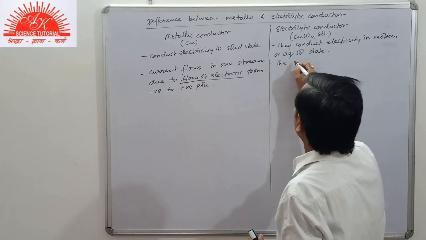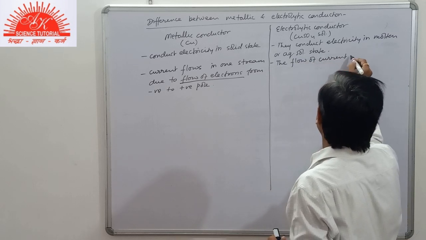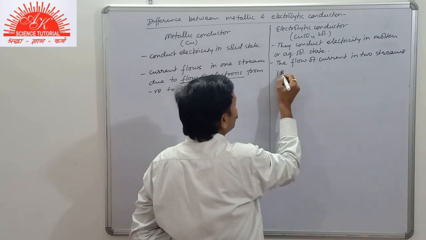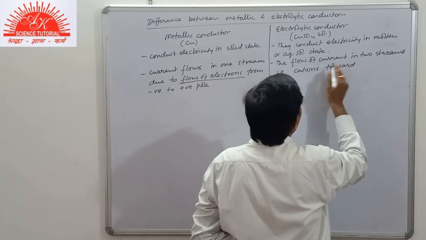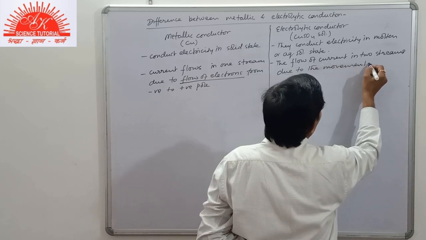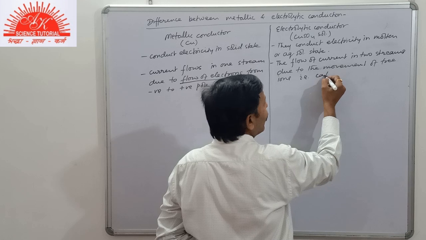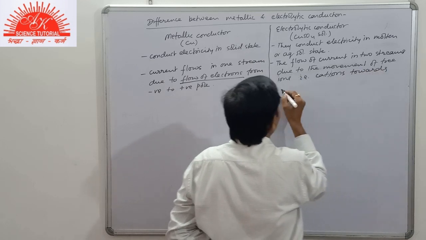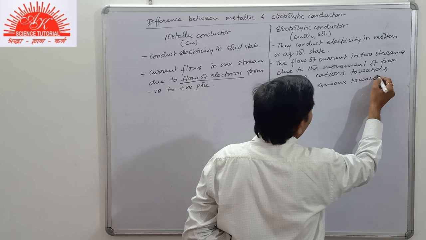Now here, in electrolytes, the flow of current is in two streams, due to the movement of free ions, that is, cations towards cathode and anions towards anode.